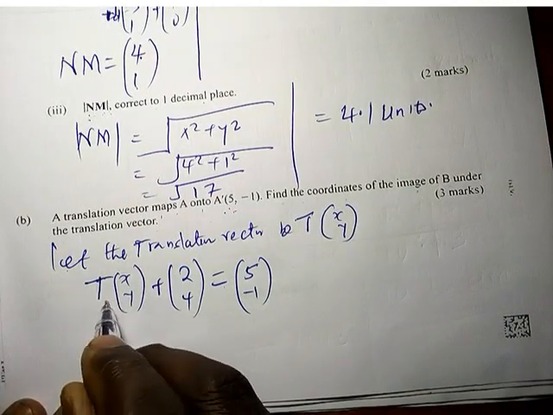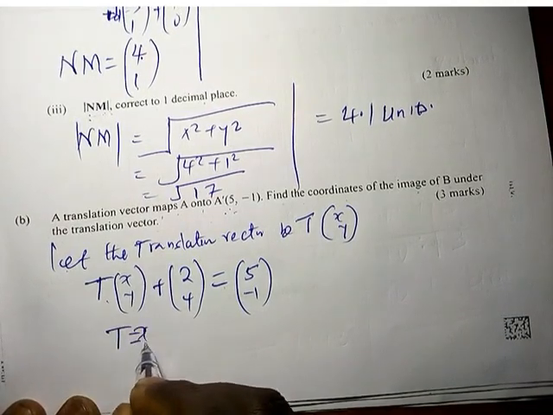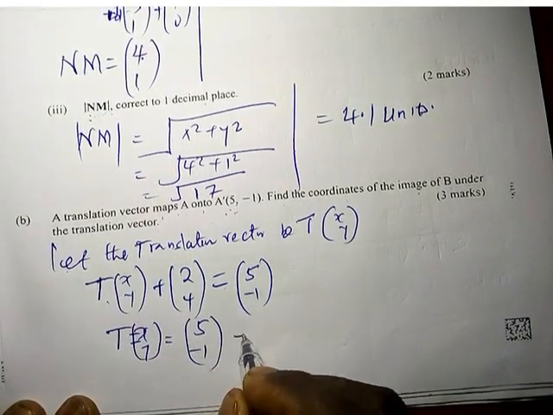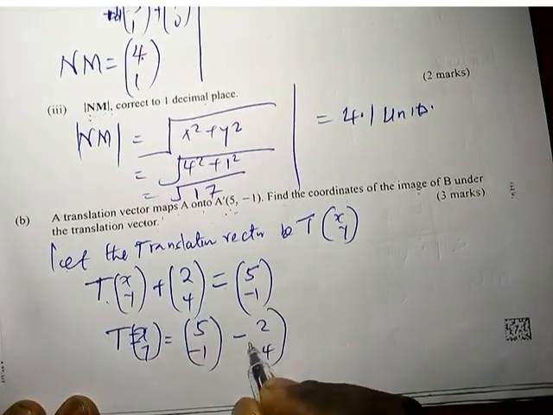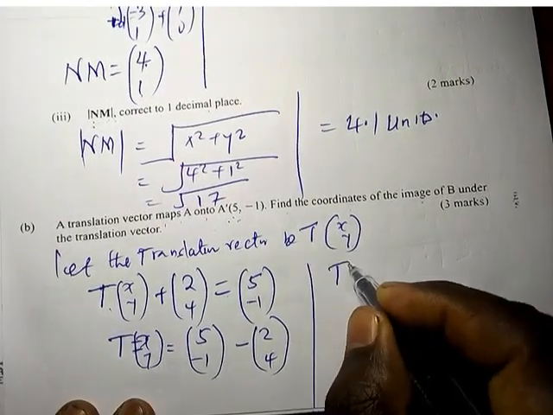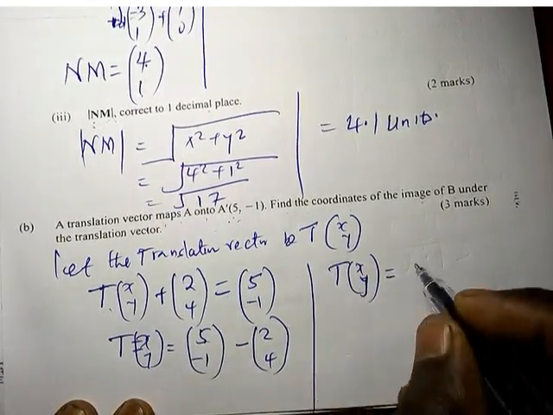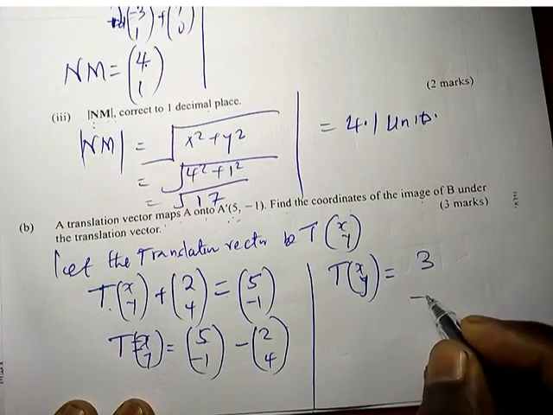So to get the translation XY will be 5, -1, minus 2, 4. So TXY is equal to 3, -5.